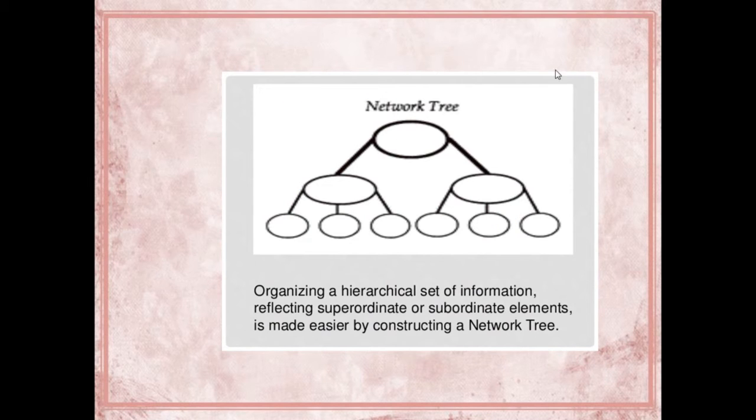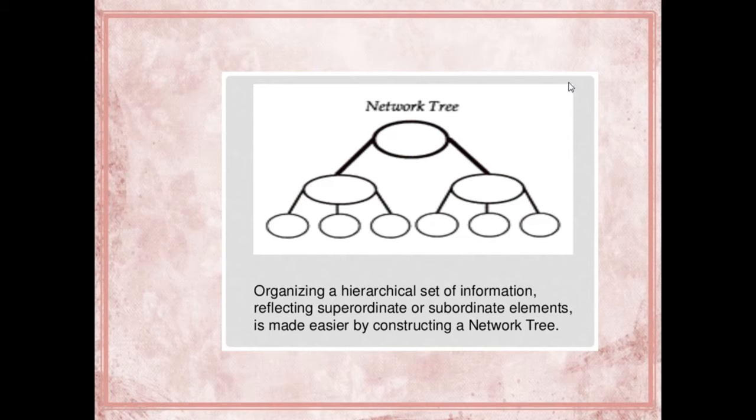No? Okay, and this one is for hierarchical set of information. Like you have a big concept there, like learning theories, and then you can have here the cognitive and the behaviorist. Remember, I always do this in the blackboard, and then under that would be the different behaviorist theories or the other cognitive theories.